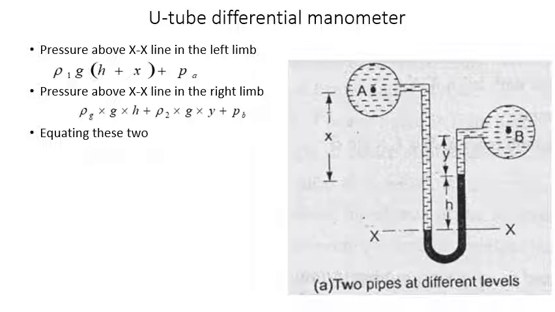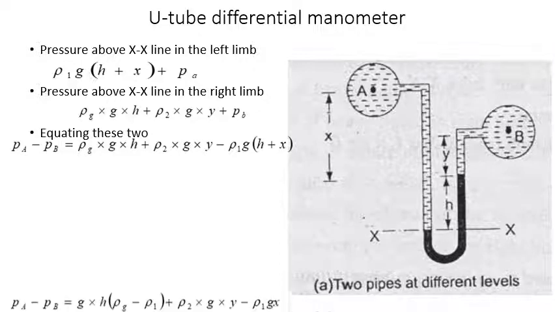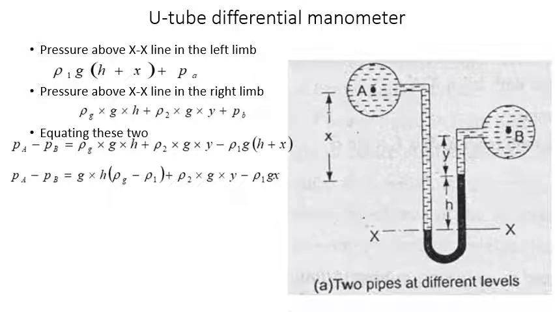Equating these two expressions, the pressure difference between the two pipes, P_A minus P_B, is equal to rho g g h plus rho 2 g y minus rho 1 g (h plus x). So P_A minus P_B is equal to g h taken common outside, (rho g minus rho 1), plus rho 2 g y minus rho 1 g x.